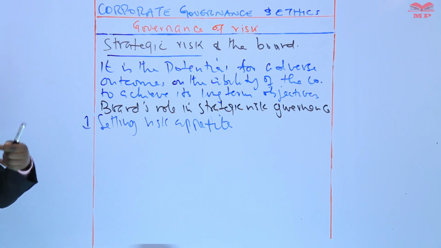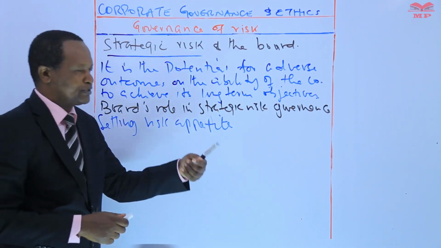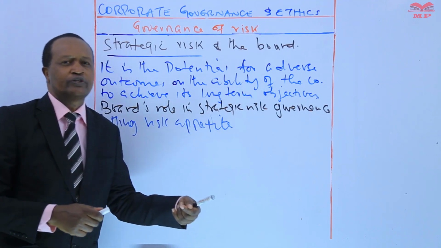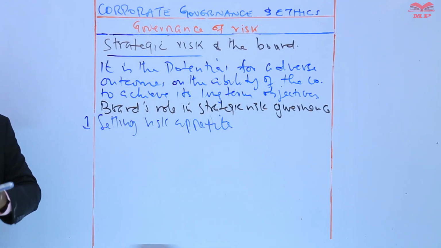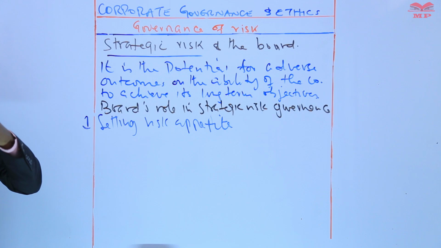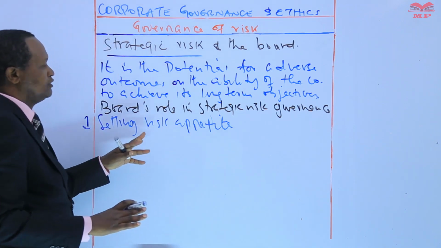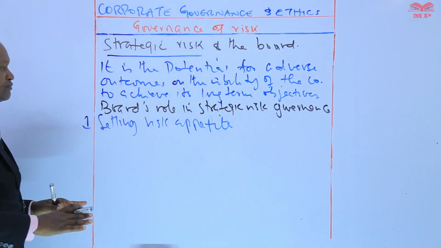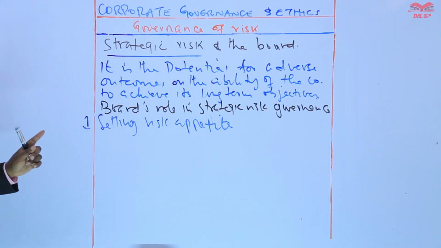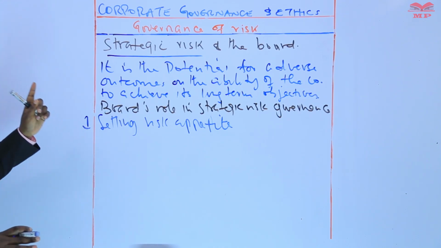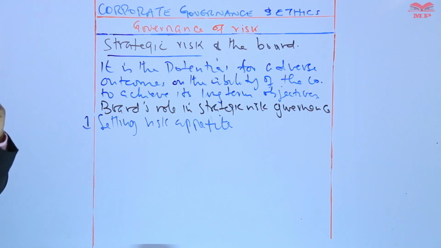The board determines the level of risk the company is willing to accept in pursuit of its strategic objectives, and that involves considering the potential rewards, considering the potential drawbacks of different strategies, and ensuring that the company's risk taking aligns with the overall risk appetite. So the first role of the board in strategic risk governance is to set risk appetite.